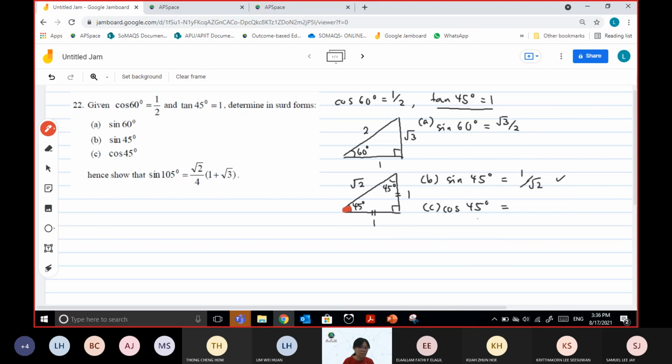Do you know how to find cos? Cos is adjacent divided by the hypotenuse, right? So the adjacent is here, the hypotenuse is here. Okay, Kai Feng, is that okay?